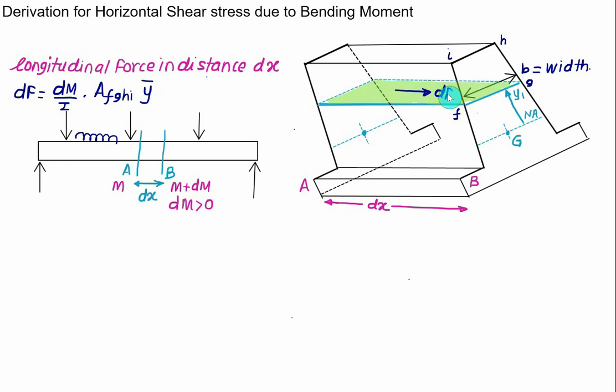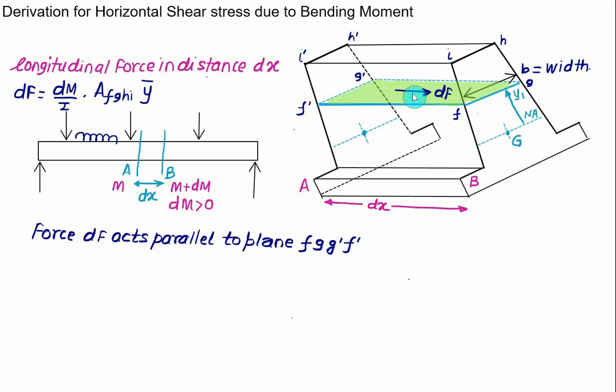This force is parallel to the given area. Let me call these points F prime, G prime, H prime, and I prime. So the bottom plane formed here is F prime, F, G, G prime. On this the force dF will act, and the area of this plane is equal to dx multiplied by width b. That will be called as the shear stress.